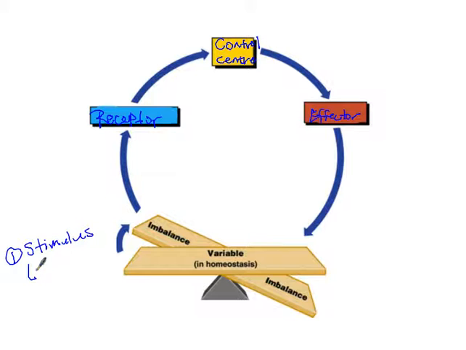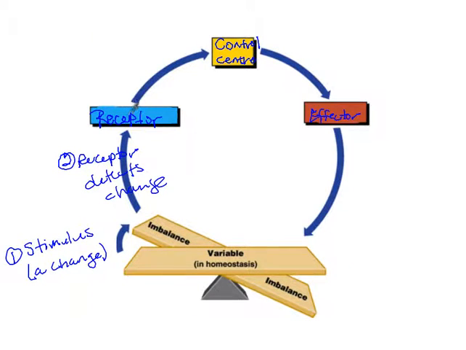And we know that the stimulus means a change. And then the second thing, our receptor, we'll put number 2. Our receptor will detect this change, whatever it might be.